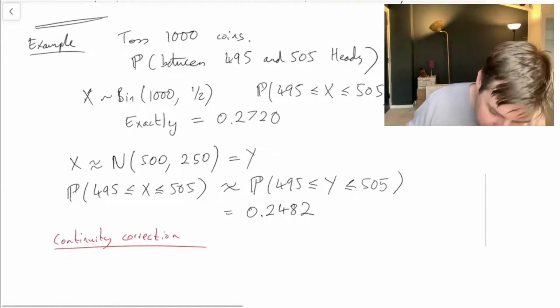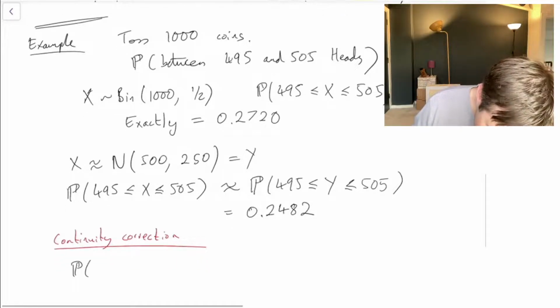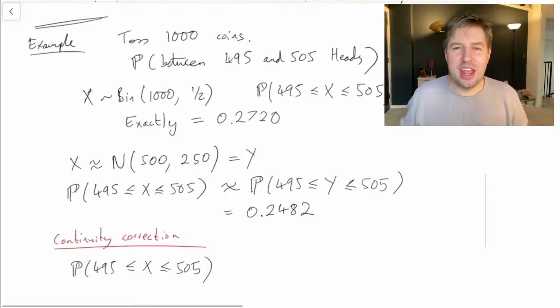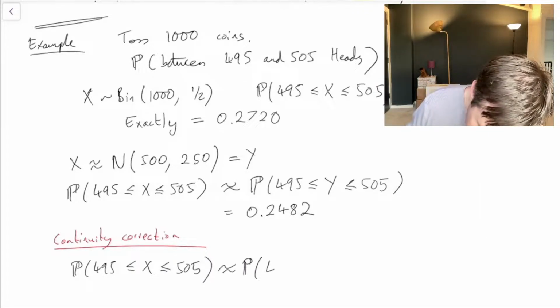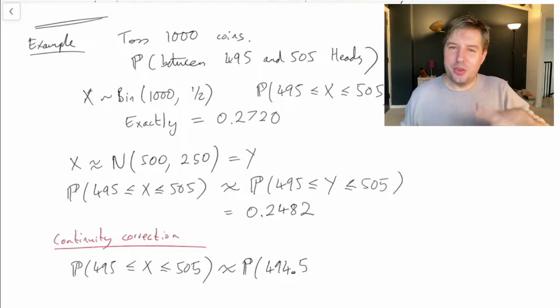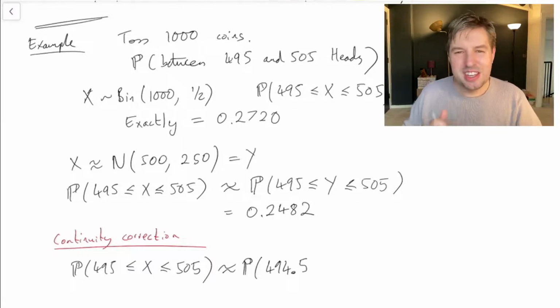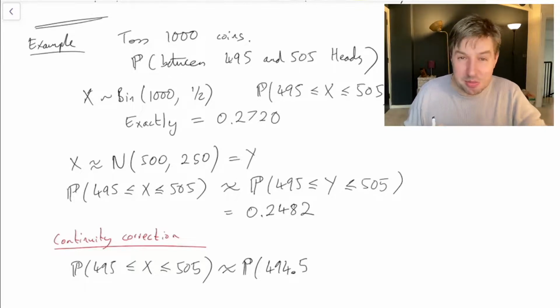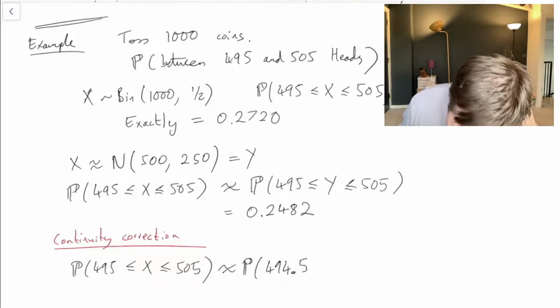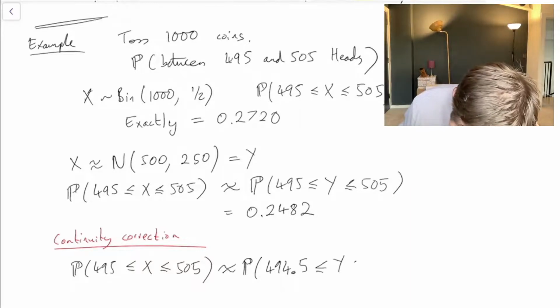So actually, you might get a better approximation if you allowed yourself to go halfway out to the next discrete point. So if you said that, well, maybe 494.5, that's halfway between the 495 and the 494, that the binomial couldn't do, it had to suddenly jump. But if you're going gradually, then maybe you should already go halfway there. Similarly, at this stage, we should go halfway up to the next thing.